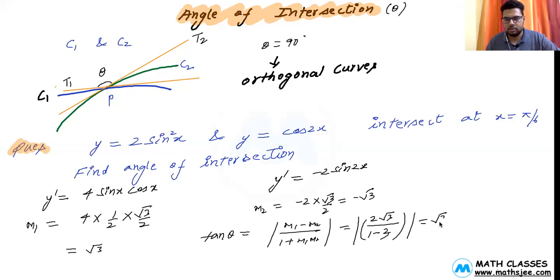This equals root 3. So clearly we have theta equals pi by 3 because tan theta equals root 3. So this is the angle of intersection of these two curves, y equals sin square x and y equals cos 2x, right? अगर यहाँ पे point of intersection नहीं दिया होता, then you would have to find out the point of intersection and then proceed with the angle that we have to find out. So let us try to do the next question.